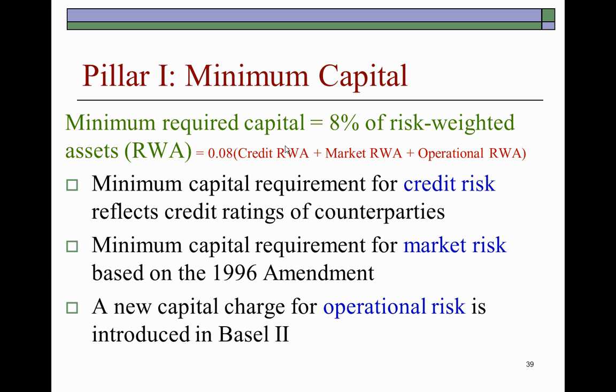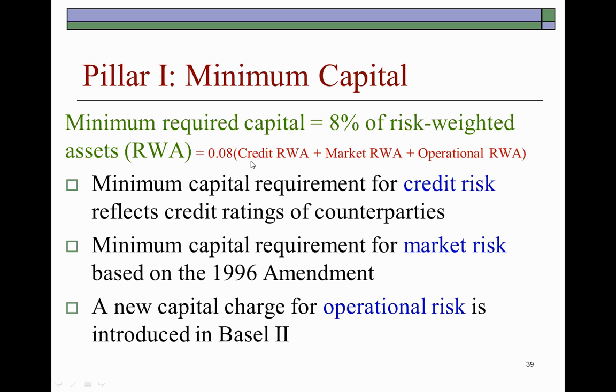So in this pillar number one, here's the specification that minimum required capital should in fact be 8% of not just total assets but of risk-weighted assets, as I have just explained. And the risk-weighted assets have to reflect credit risk, market risk, and operational risk.